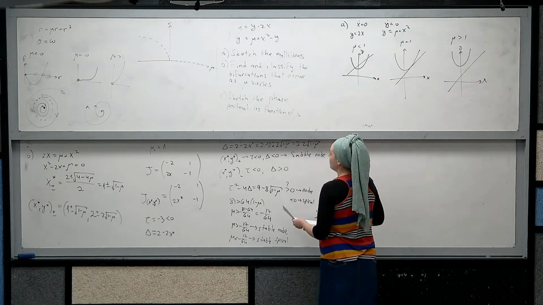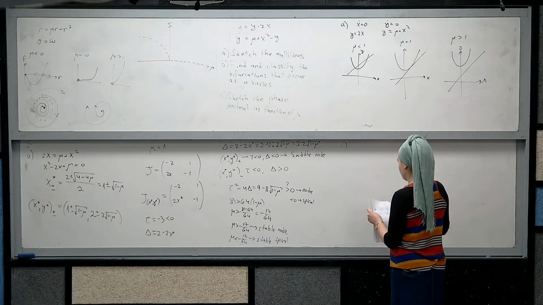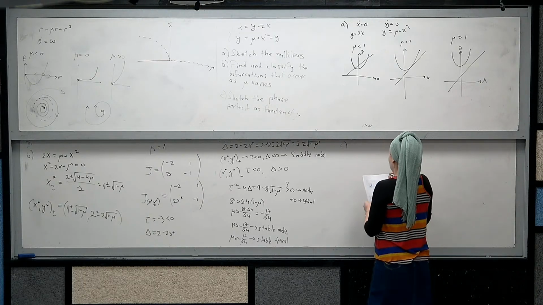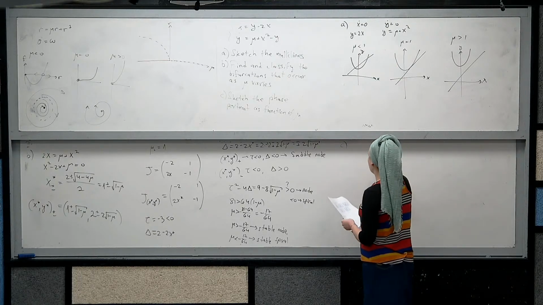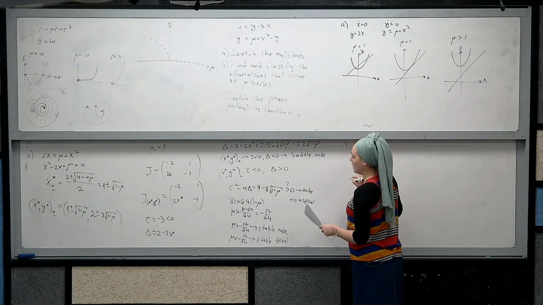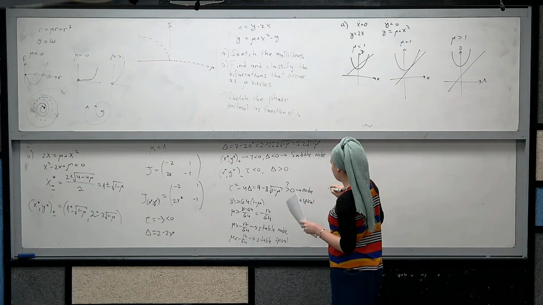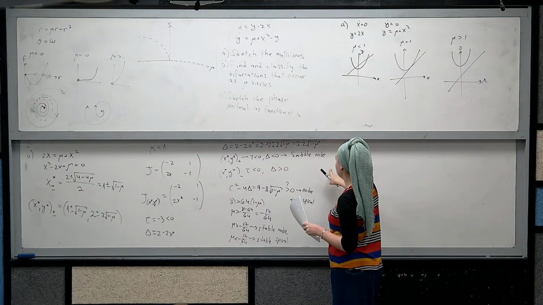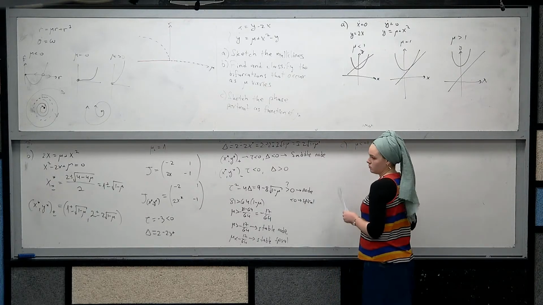So let's sketch it. Okay. So how many areas do we have? We have first mu lower than minus 1, right?